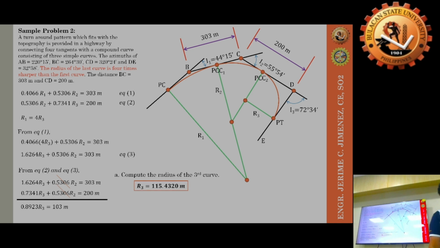Okay, very good. So, R sub 3 is 115.4320 meters. So that is your answer sa first question, sa sample problem number 2. Any questions?